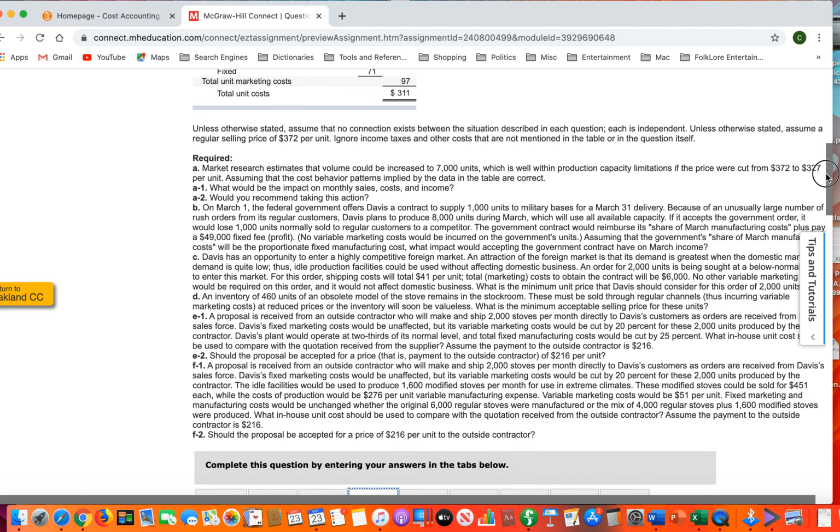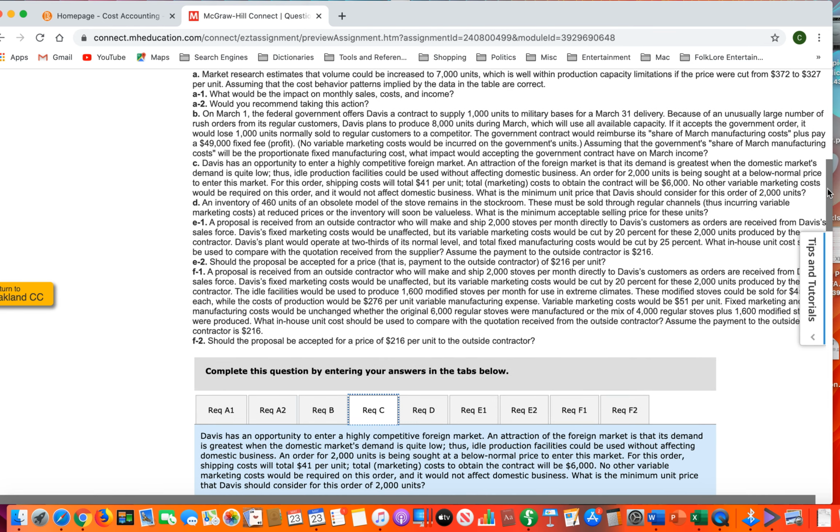I'm trying to cover this up here. Okay, not cover it up, but uncover it. What is the minimum unit price that Davis should consider for this order of 2,000 units? I'm trying to read here. 2,000 units at reduced price, or the inventory will soon be valueless rather. What is the minimum acceptable selling price for these units? Well, you may say, well, what do we pay for?